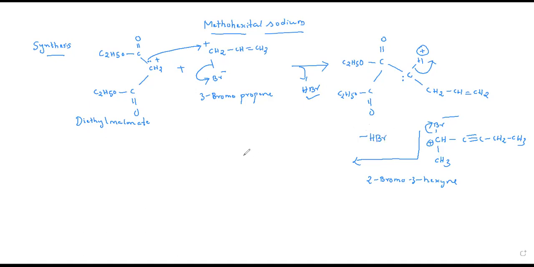So you can write the intermediate compound again: C2H5O, C double bond O. Next again, C double bond O, C2H5 oxygen. Next, you have one allyl group, CH2, CH, double bond, CH2.